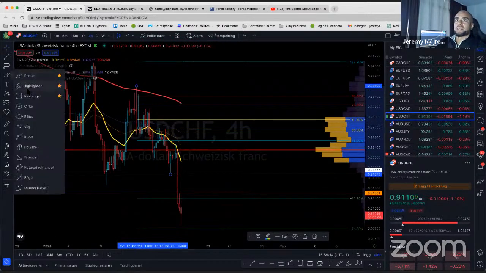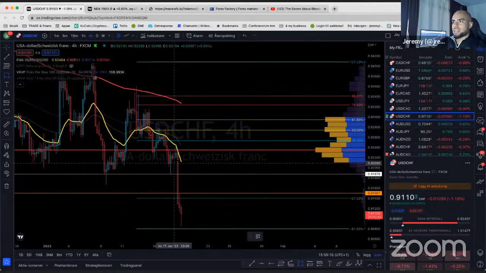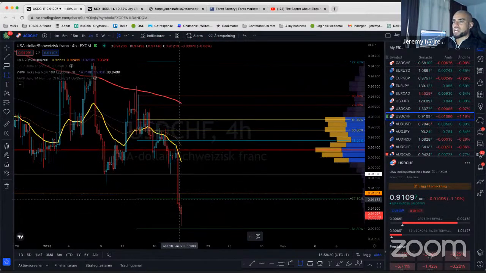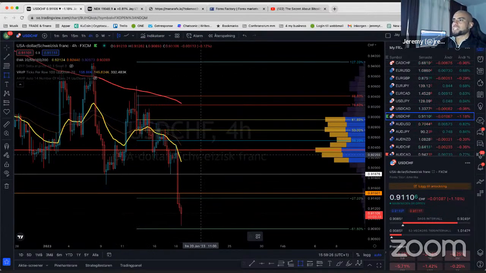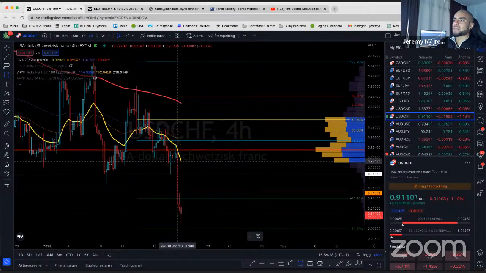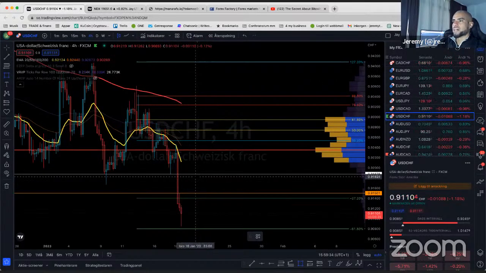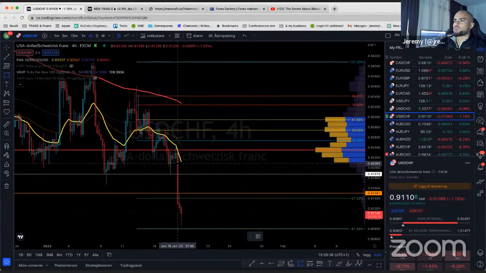What you got to look at here is this bearish candle shooting straight down. When you see candles like this, especially on a 4 hourly or daily time frame, you know there's a lot of liquidity stuck here. So the market will want to pull back up to clear some of that liquidity.